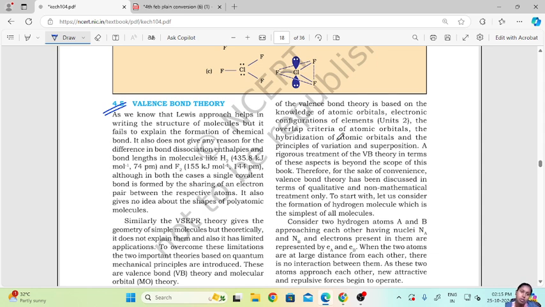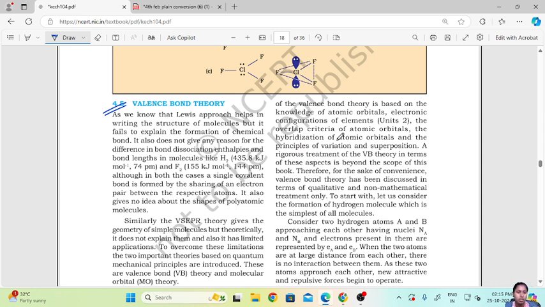It just says that because there are electrons available, you can pair up the atoms, but what exactly happens when the atoms are paired up? It also does not give any reason for the difference in bond dissociation enthalpy and bond lengths in molecules like hydrogen and fluorine.